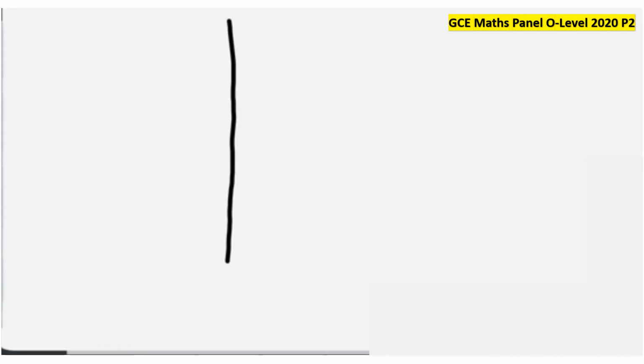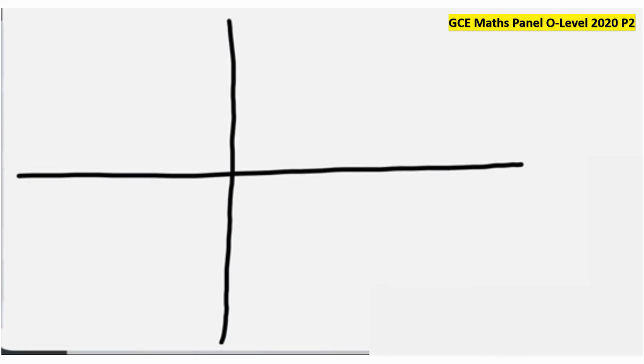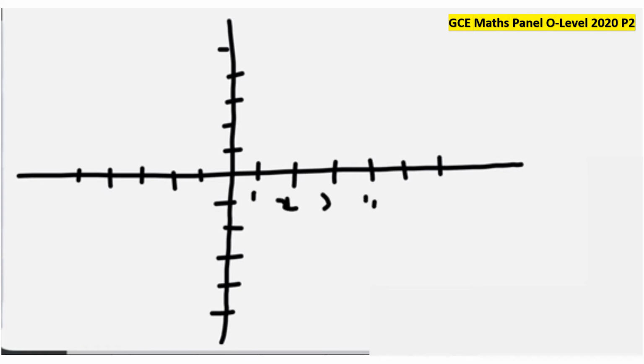Okay, so this is my Cartesian plane, calibrated like this. You have 1, 2, 3, 4.